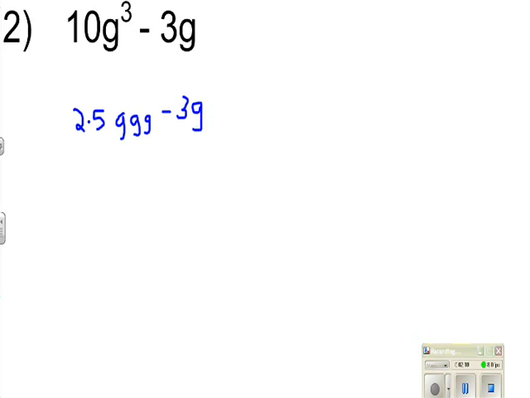Now when you look at those two terms, you can pull out nothing in the constants. These two don't match anything over here, but you could pull out 1 g from both terms. So you're going to have a g on the outside. Then, on the inside of the parentheses, you're left with 2 times 5 is 10, g times g is g squared. And then over here you have a negative 3.